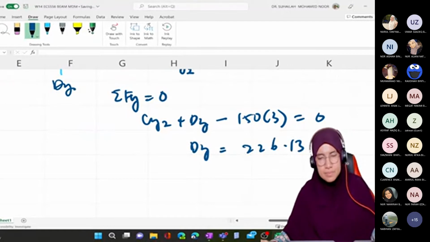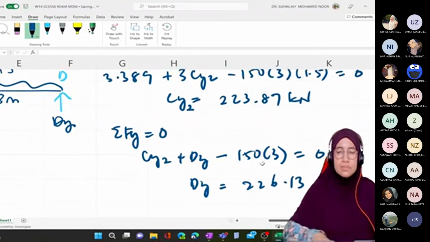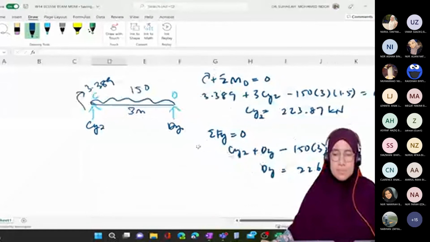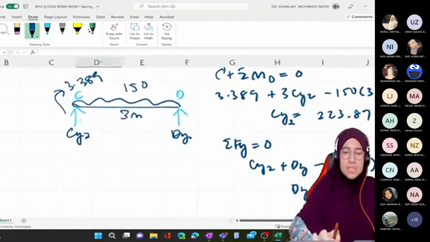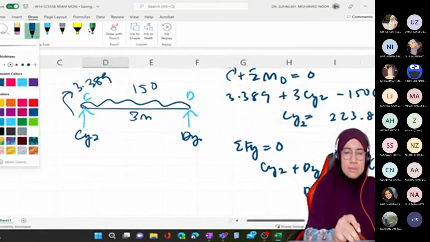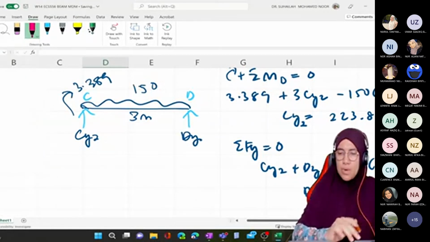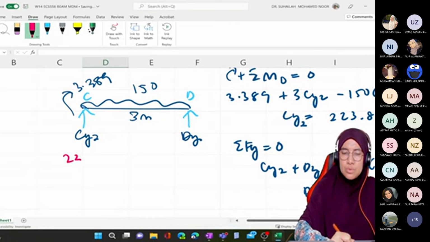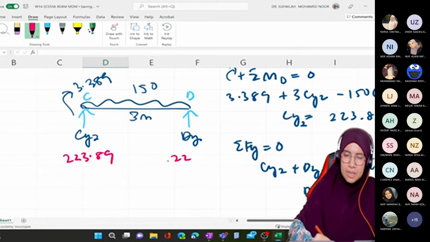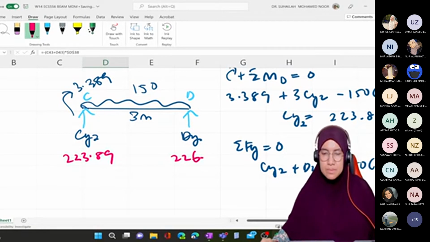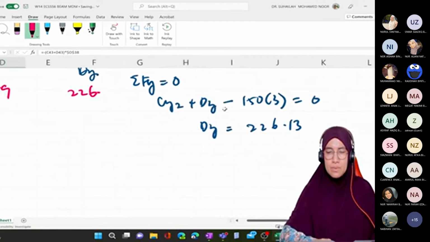Okay. So what do we get from this? CY2 is 223.87 and DY is 226.13.